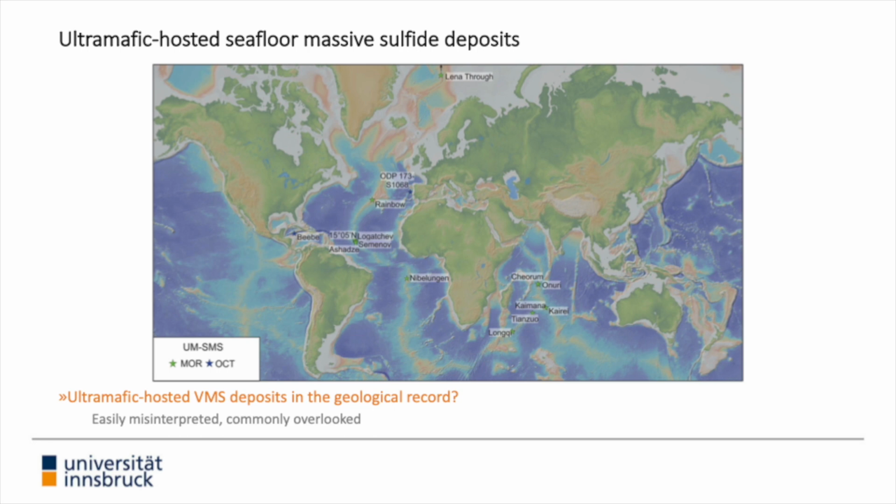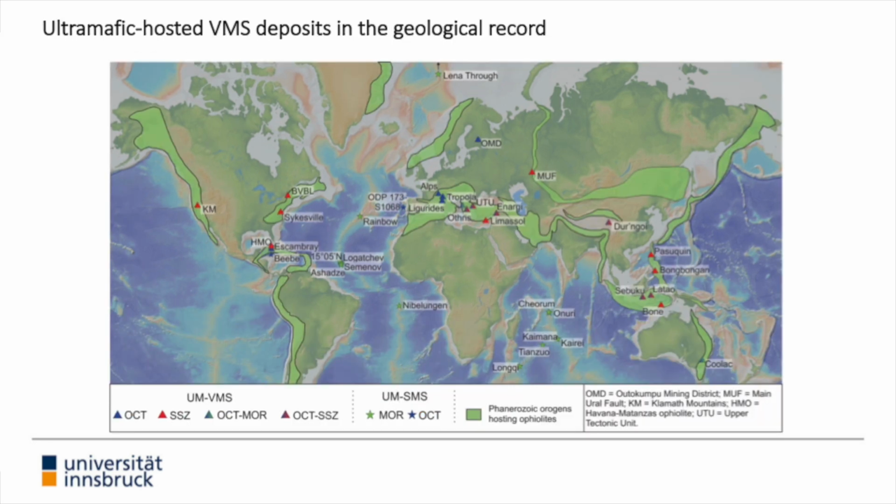So what we wanted to do is to look carefully at different types of mineralization and try to classify them as ultramafic-hosted VMS deposits or not. Here you can see the mineralizations we've been focused on, to see if they can be classified as ultramafic-hosted VMS deposits.